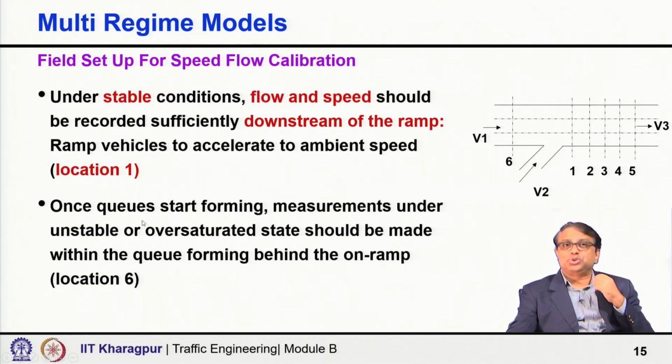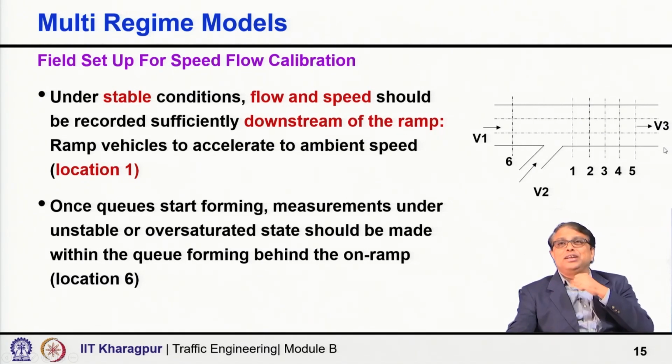Now, once a queue starts forming, this plus this together, the demand, is higher than the capacity of this downstream section, assuming there is no signal or other effect further downstream.